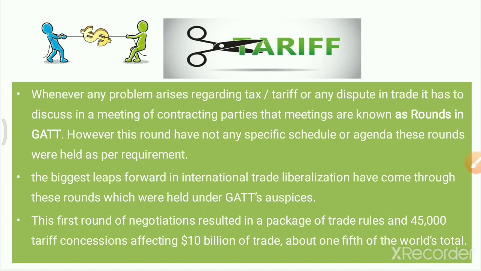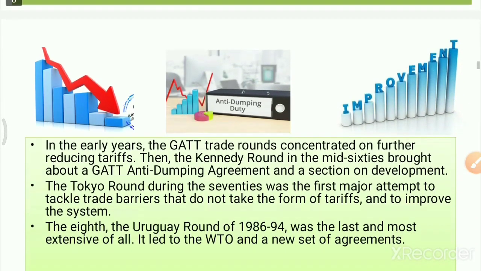Those meetings are called rounds in GATT. There were 8 major rounds, and those rounds led to a tremendous increase in global trade, that was around 10 billion, almost 1/5 of total world trade.